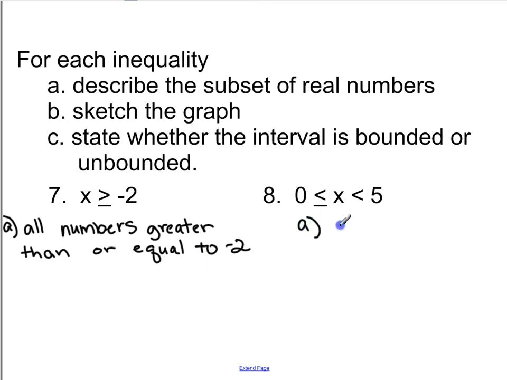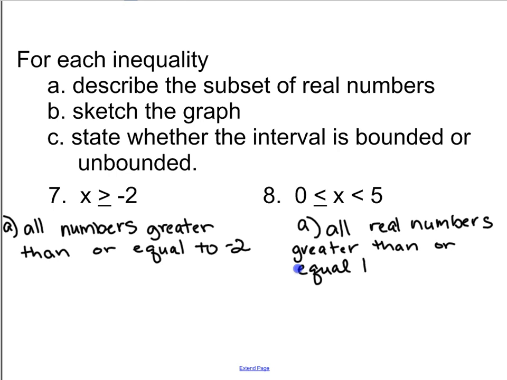For number 8, this one is all real numbers greater than or equal to 0 and less than 5.